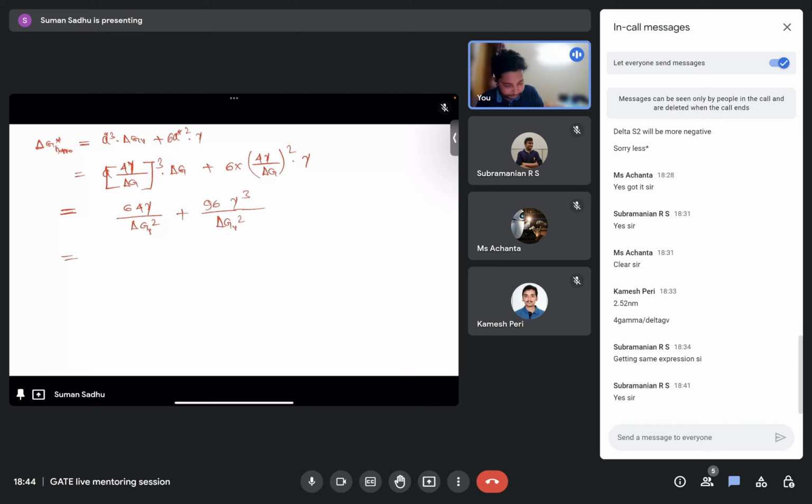If you take 64 as common, 64 gamma cube by delta GV square, it will be 1 plus the ratio 96 divided by 64.